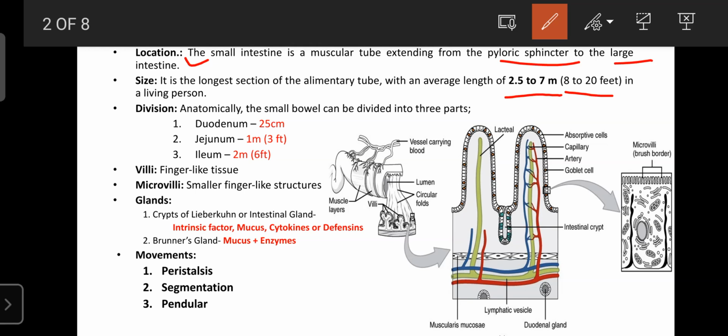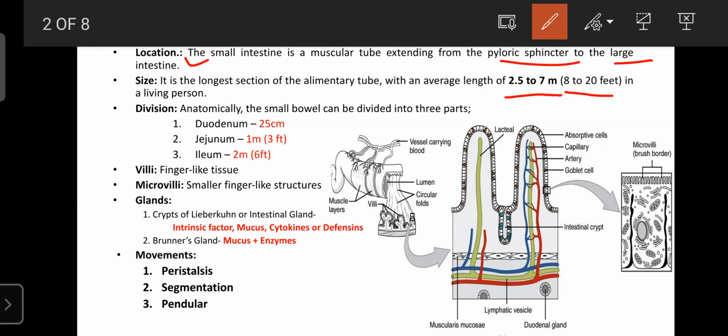Then the middle part is known as the jejunum. The length of the jejunum is 1 meter or 3 feet. It is the middle part, present between the duodenum and the ileum. Then the last part is the ileum.